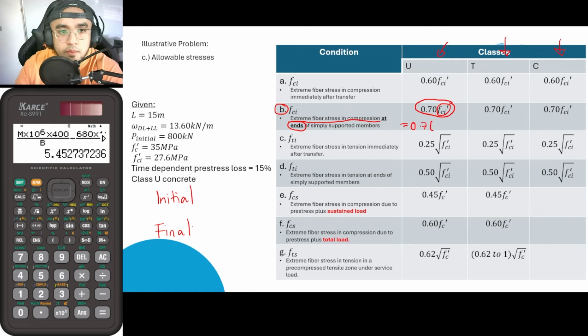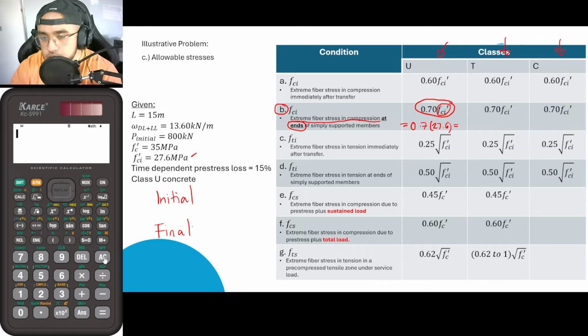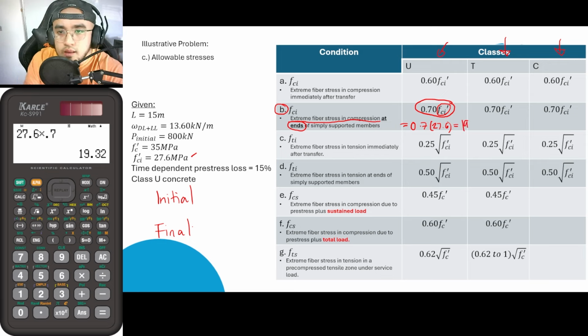And according to the problem, initially, the FC prime I is 27.6. So just multiply it by 27.6. So 27.6 times 0.7. So the allowable is 19.32 megapascal.